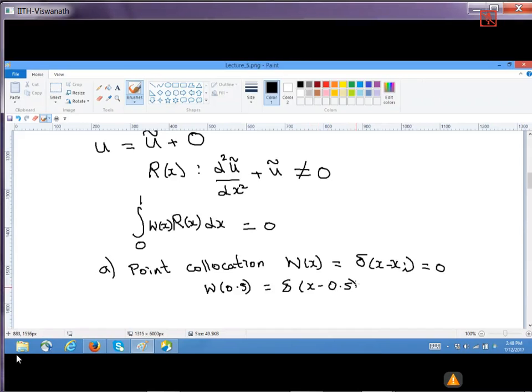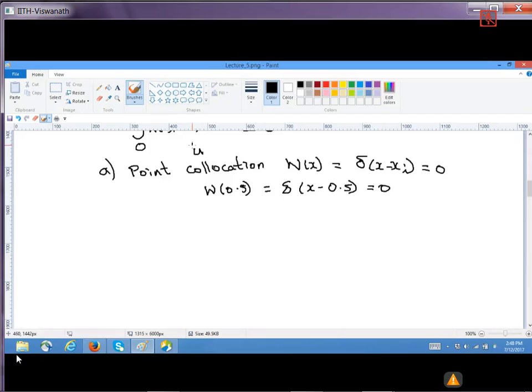And with that, we derived the things for the first something. We assumed our u tilde to be a naught plus a1 x plus a2 x square.